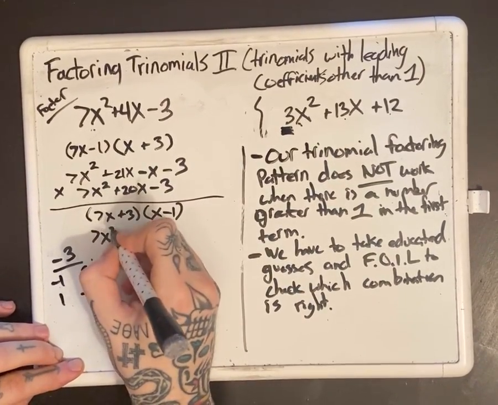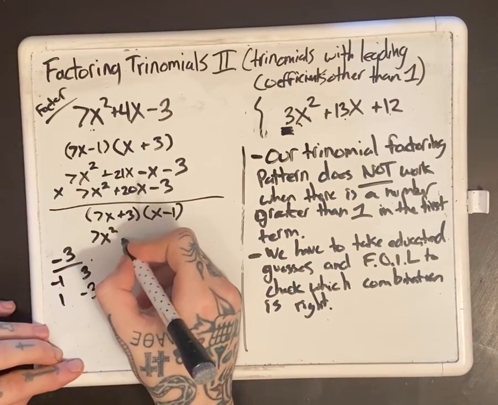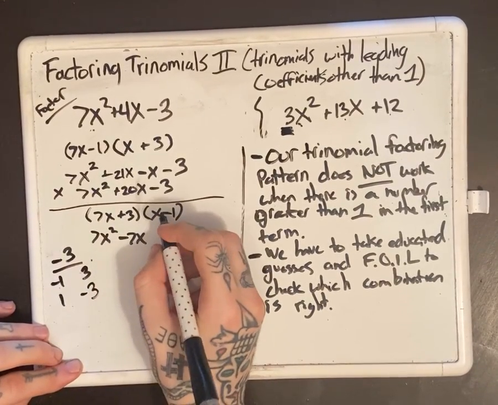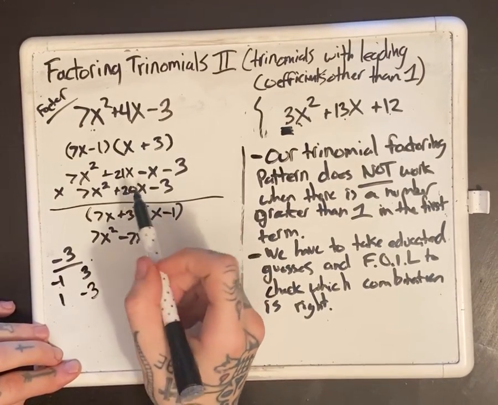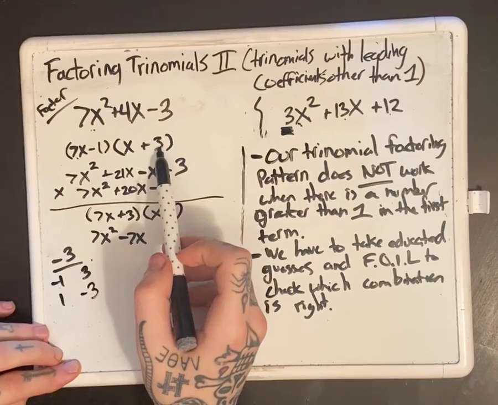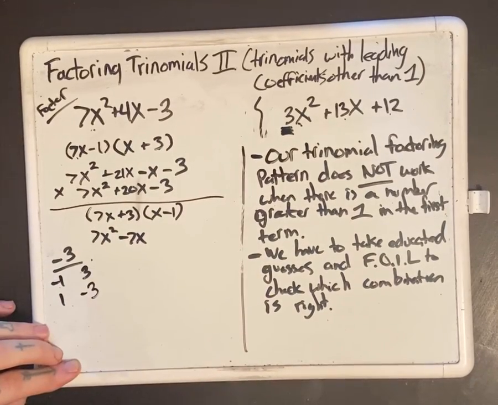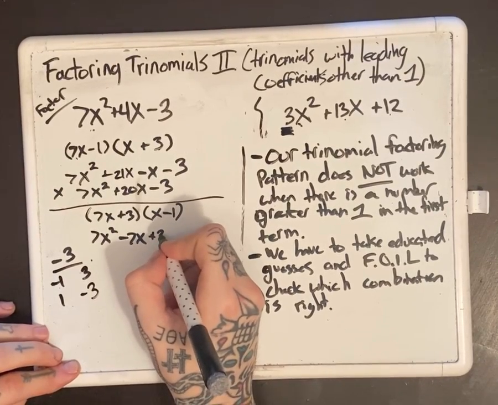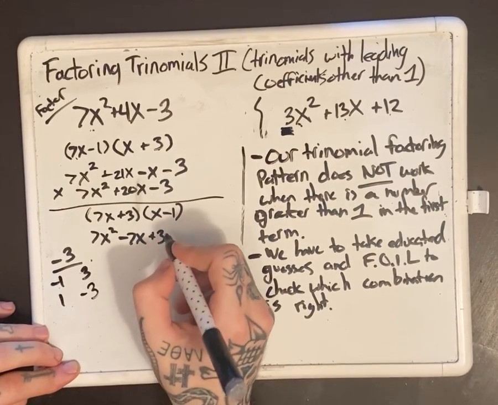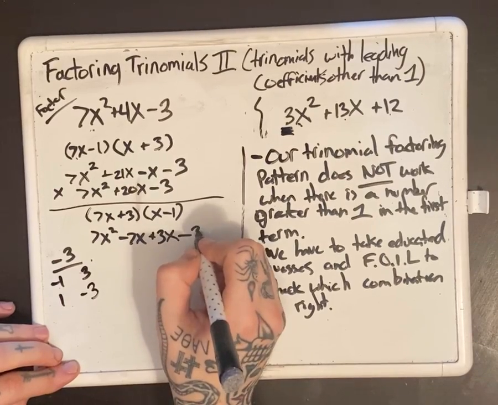So we're going to get 7x squared minus 7x. Wait a second. Plus 3x minus 3.